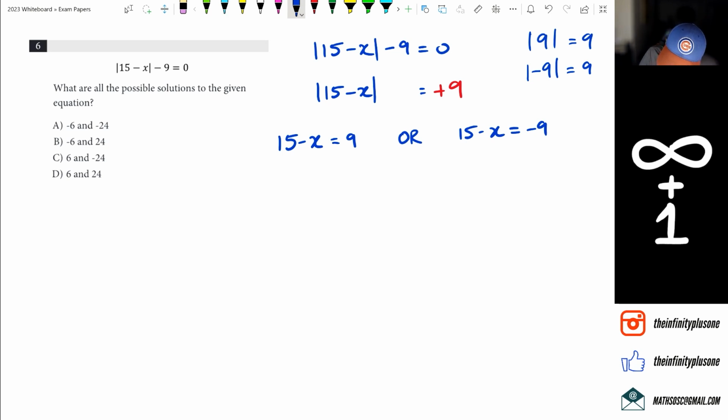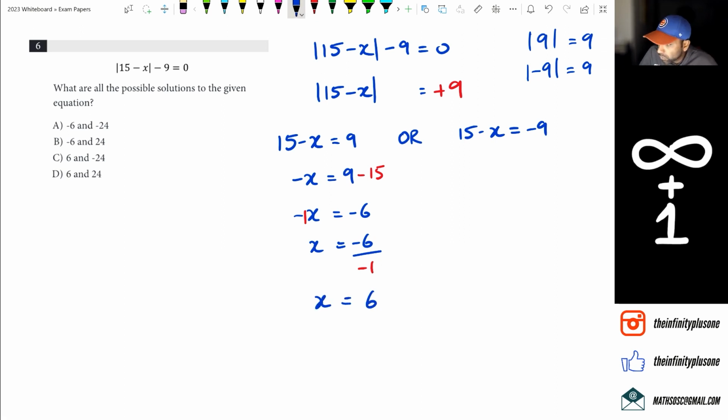With that in mind, I've got negative x is equal to 9 take away 15, which gives negative x is equal to negative 6, and x is equal to negative 6 divided by negative 1. Remember there is a 1 in front of that x, so x equals 6. On the other side, we do the same thing, except 15 goes to the other side, which ends up being minus 15.